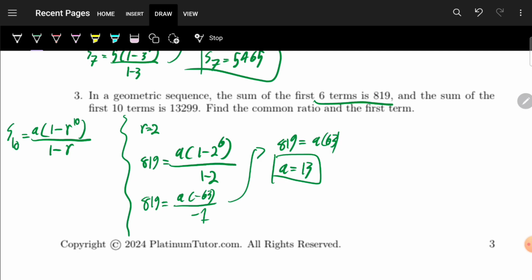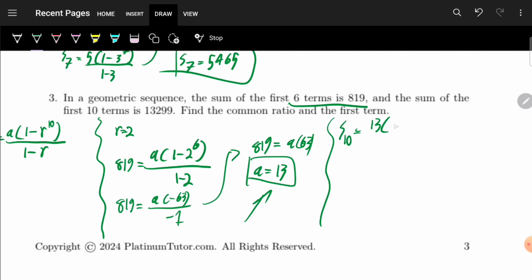Okay, now just to make sure everything is good and r equals 2 works, using this a value, we're going to check that the sum of the first 10 terms is really equal to that. So if we do S10, that's equal to 13, the first term, times 1 minus 2 to the 10, all over 1 minus 2. So let's figure out what this is. 1 minus 2 to the power of 10.